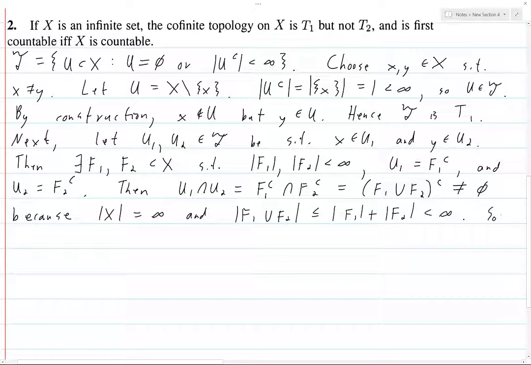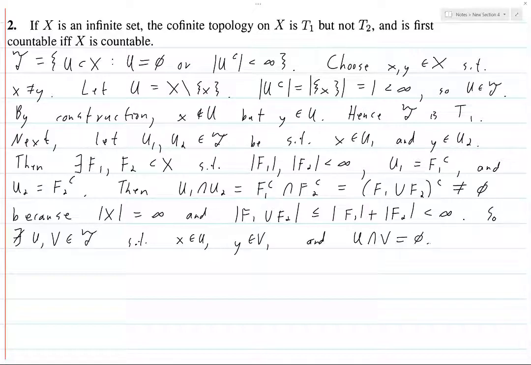So there do not exist open sets U and V in tau such that x is in U, y is in V, and U intersected with V is empty, because if you take any open set U containing x and any open set V containing y, then U and V intersect.